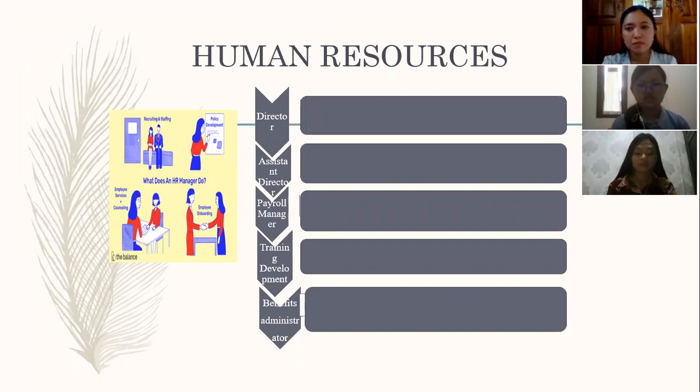And the first subtopic is about human resources. Under the human resources, there are five staff that have responsibility to work in this human resources. And the first one is the director.